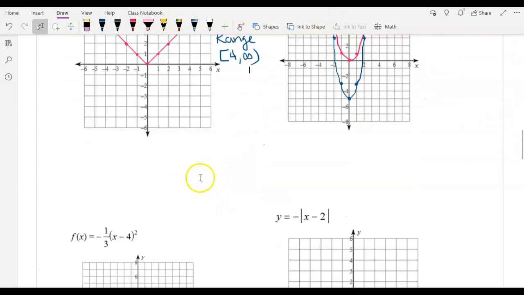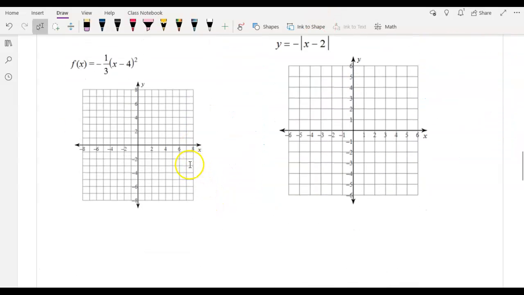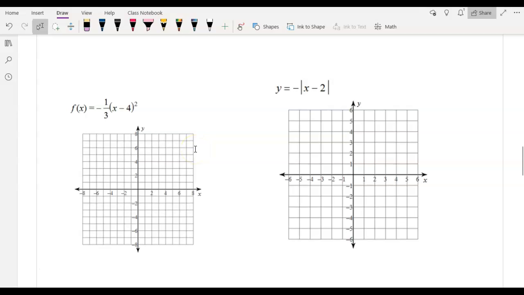All right, going to the next two examples. We have a square function again, that quadratic, so let's go ahead and draw that parent function of f of x equals x squared. And I've been doing it in pink, so we'll continue it in pink. All right, so now let's take a look.